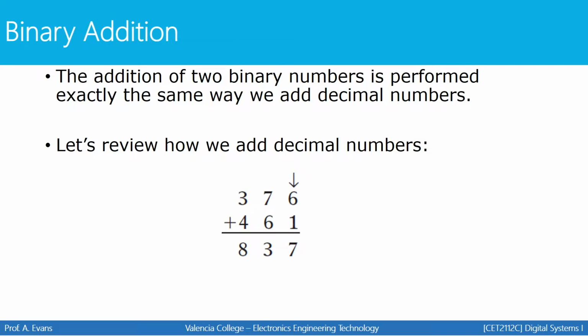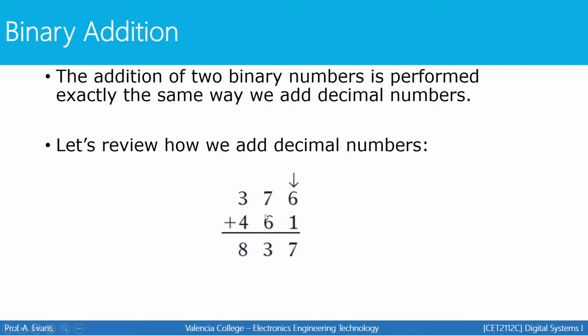So before I discuss binary addition, let's review how we normally would perform addition using decimal numbers. If you go all the way back to 3rd or 4th grade, you learned about the place value system. So you learned about the ones place, the tens place, the hundreds place, and so on. And when we add two numbers together, we basically start with the ones place. We add 6 plus 1 to get 7.